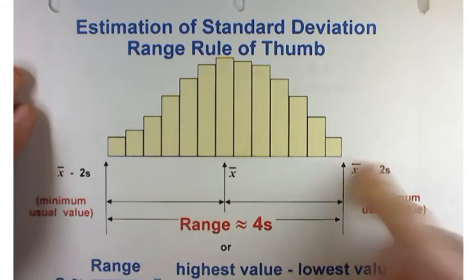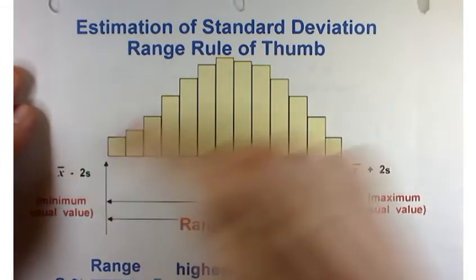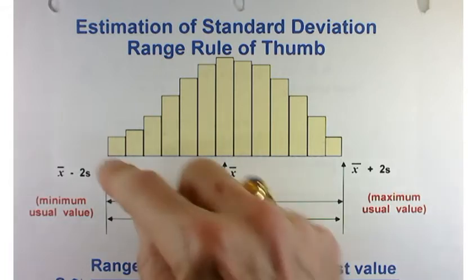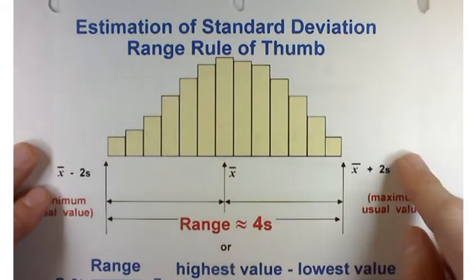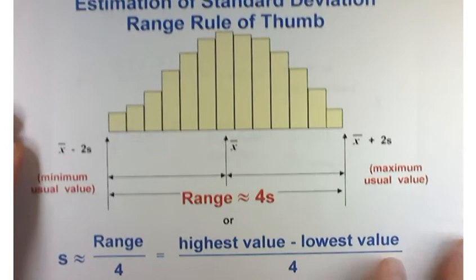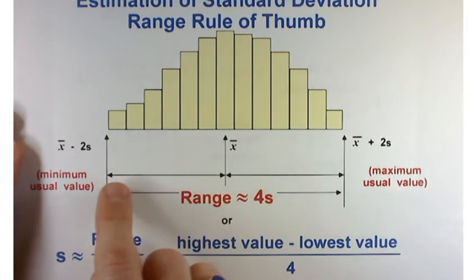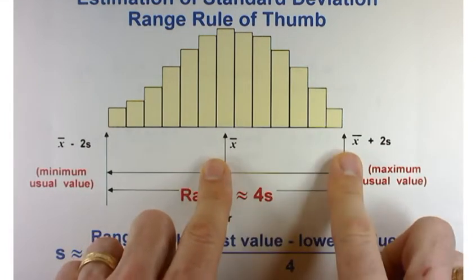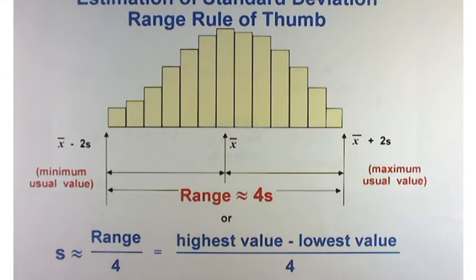So oftentimes, if your data has a normal shape, most of your data is going to be within 2 standard deviations of the mean. This is starting to give us a means by which you can tell what's usual, what's typical about your data, and what's atypical. If you're outside of 2 standard deviations from the mean, that's starting to reflect an unusual value in one way or another.